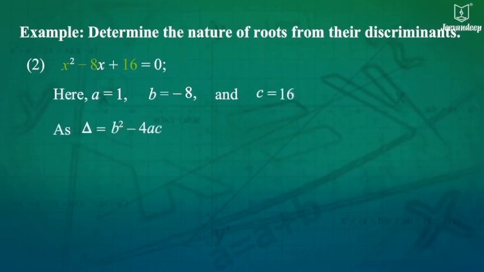As delta = b² - 4ac, putting the values we get 64 - 64 = 0.